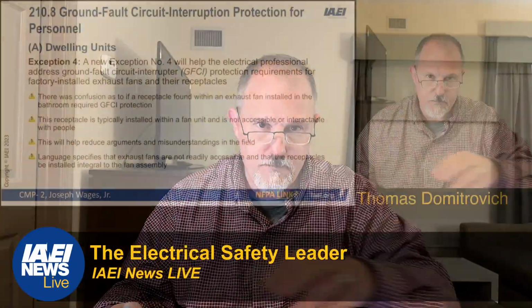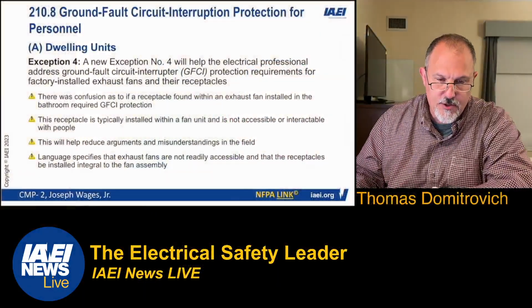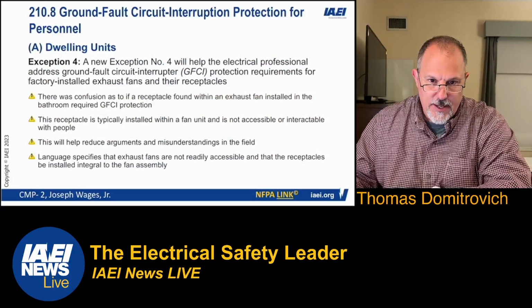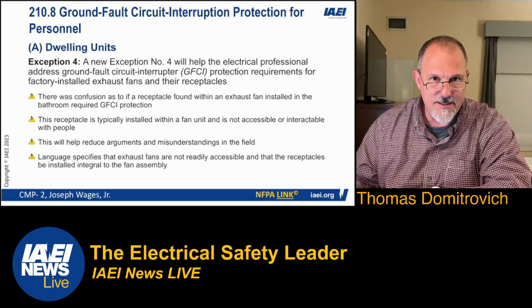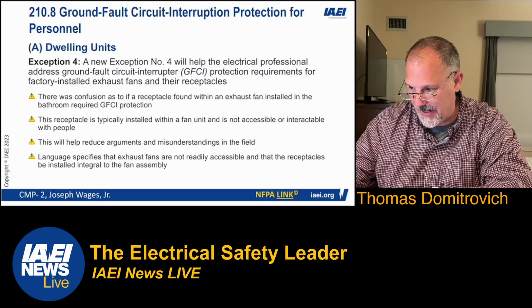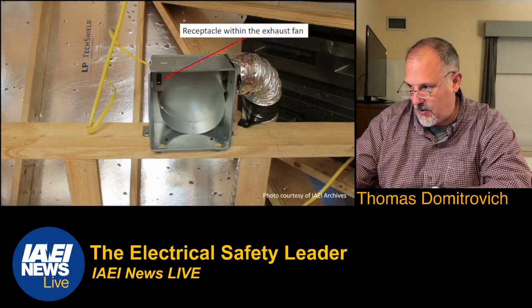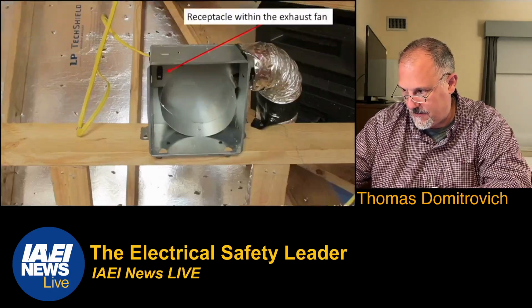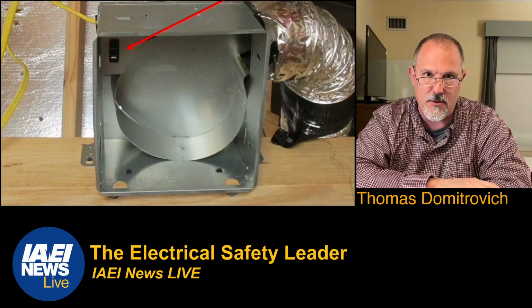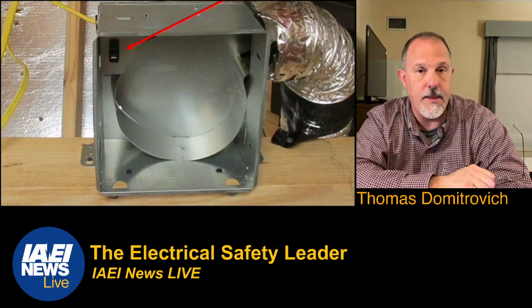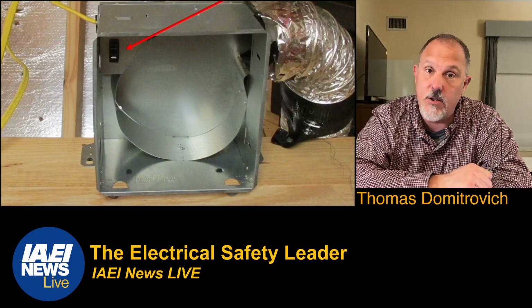We also added a new exception in 210.8(A) that recognized that there are some exhaust fans that have a receptacle in them. And you know what happens when you have a fan like this and there is a receptacle inside that and it's in a bathroom, someone's going to say that needs to be GFCI protected because it's a receptacle.